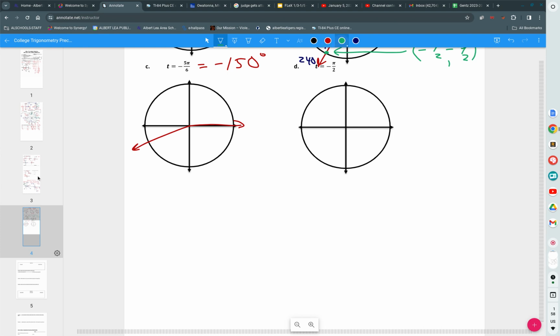I always draw my triangle back to the x-axis. What is the reference angle? 30. So this is a 30, 60, 90 triangle.